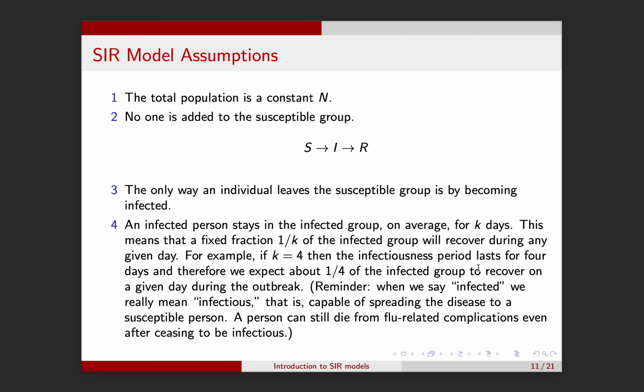What this assumption means is that on a given day, approximately 1 over K of the infected group will recover. So if K equals 4, the disease lasts about 4 days, and on average about a quarter of the sick people recover on a given day. So K is a measure of how long the disease lasts in an individual sick person on average.